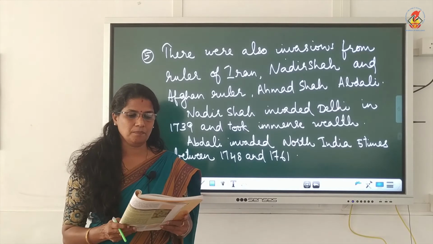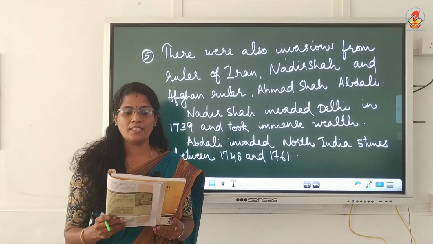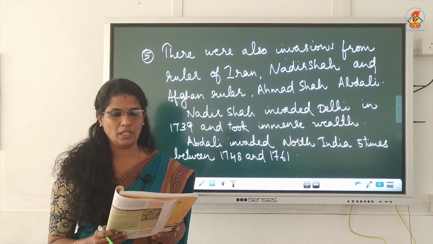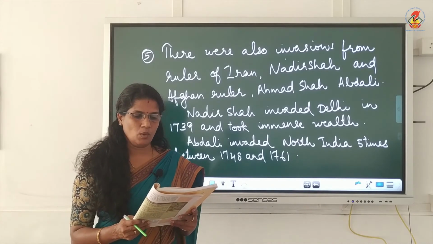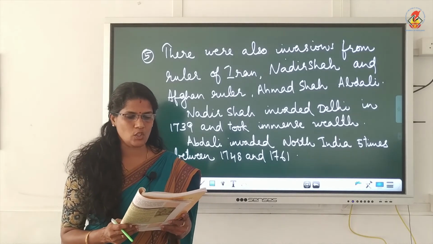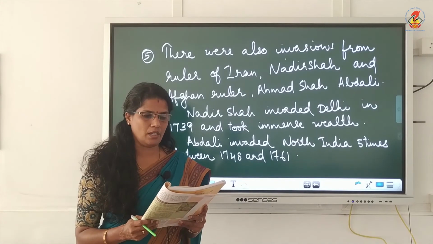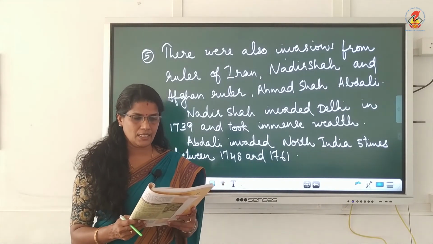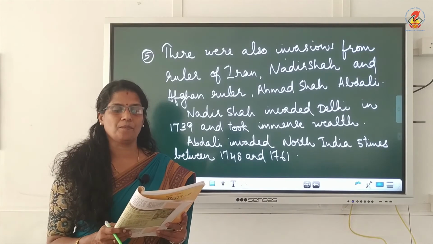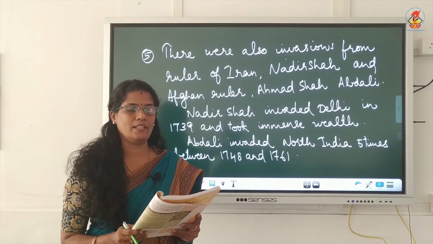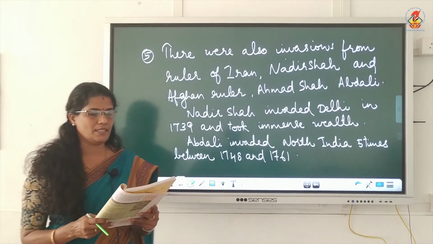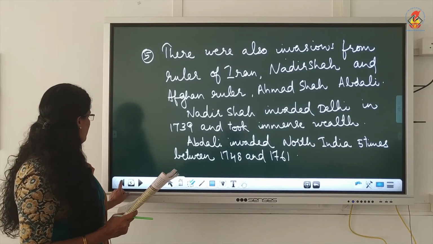Third point, peasants and zamindari rebellions. Here you have to mark that Mughal authority had been challenged by rebellious groups. You can see it in the second paragraph, fifth line: Mughal authority had been challenged by peasants and zamindari rebellions.